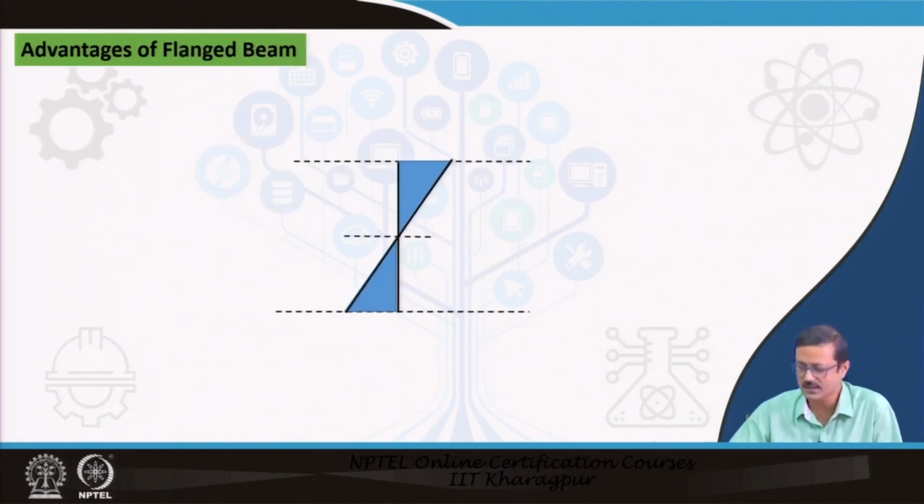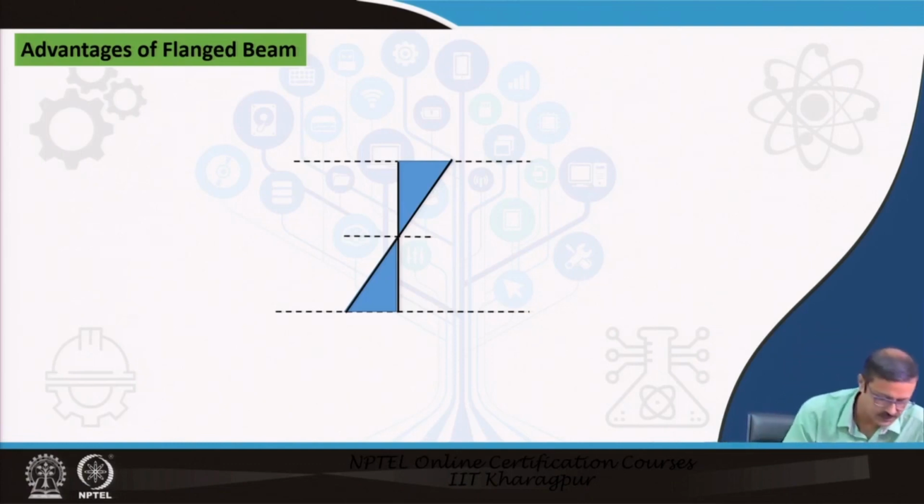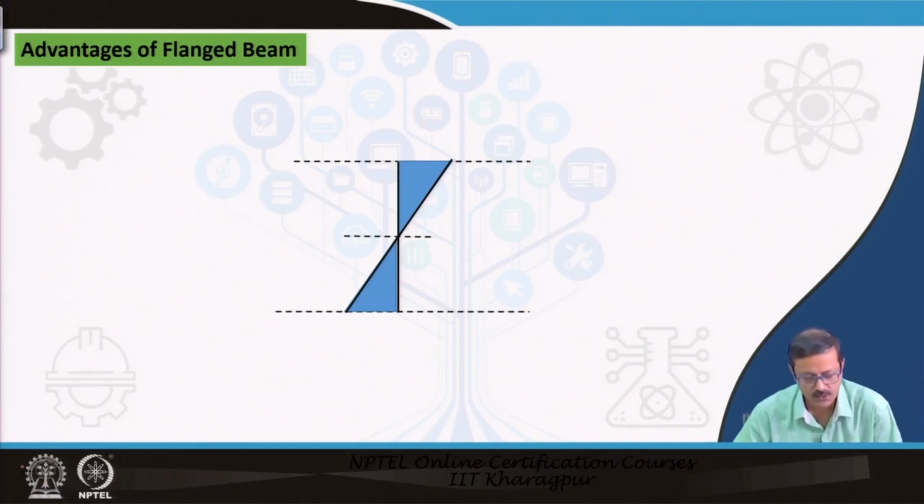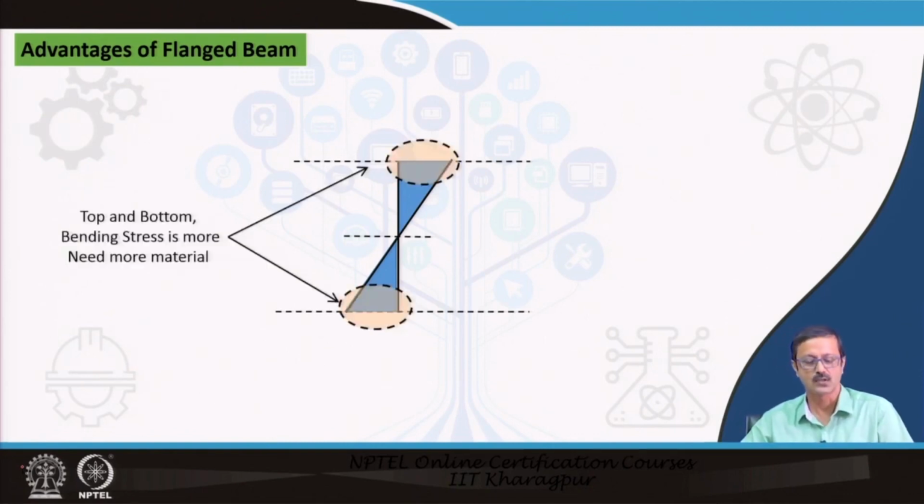Now, let us first discuss what is the advantage of the flange sections. Before going to the flange section, let us very curiously see this stress distribution diagram over the section of a beam because of bending. At the topmost and the bottommost parts, you see the bending stress is more.